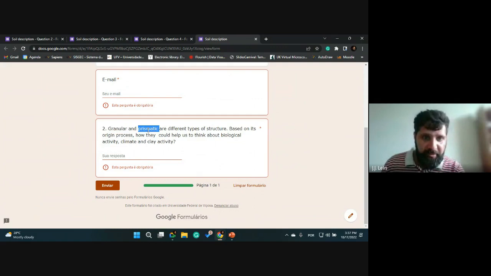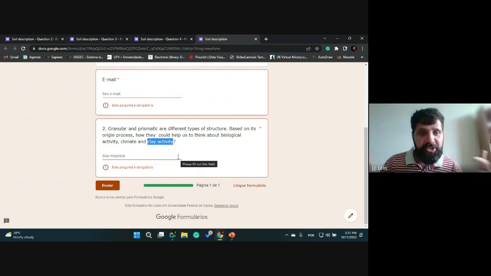And the prismatic structure is common in areas where we have a high activity clay. As I explained before, they are formed by the shrink and swell process, by the variation of water content inside the soil during the wet and dry season.